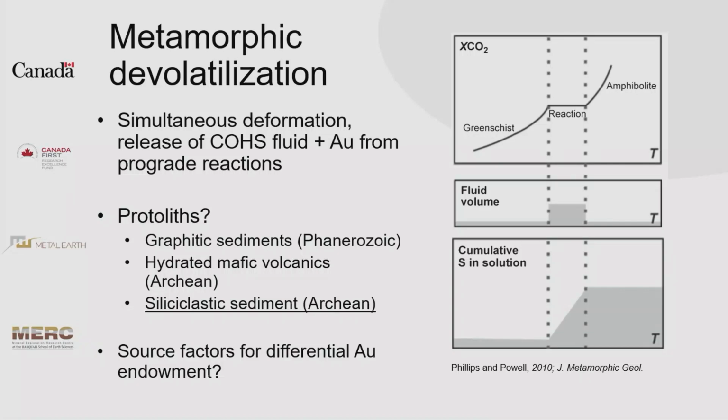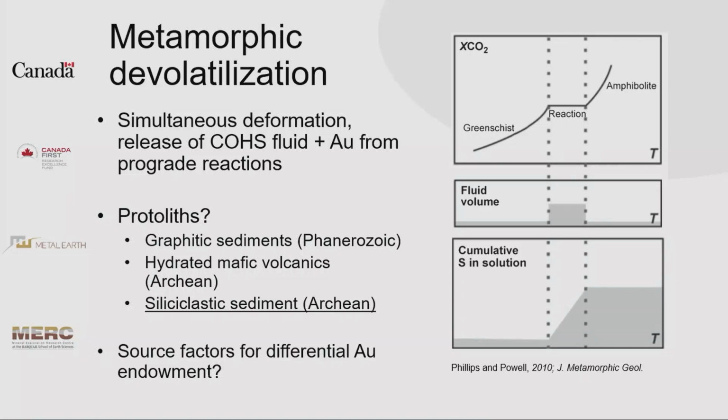And not only are they a good potential source of gold, as we see losses of gold in these big sedimentary subprovinces, but we can also look at the metamorphic assemblages and reactions in these rocks a lot more easily than we can with volcanic rocks, just based on their pelitic assemblages.